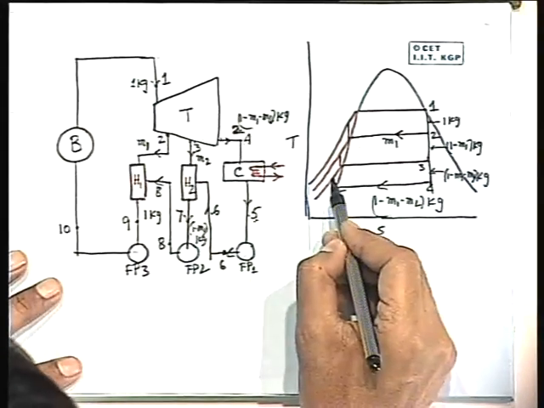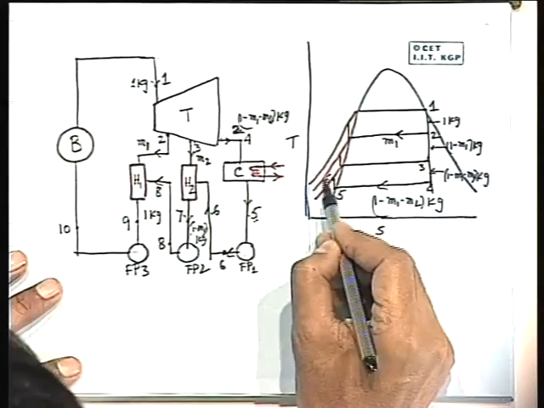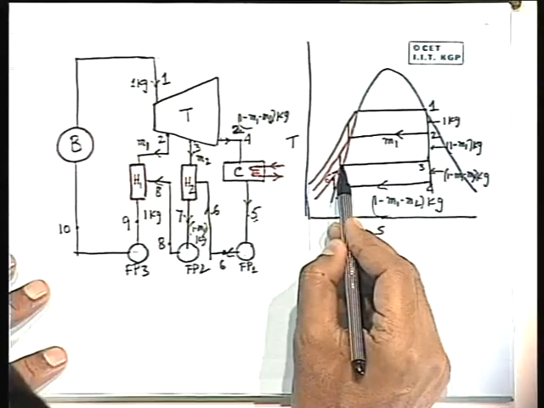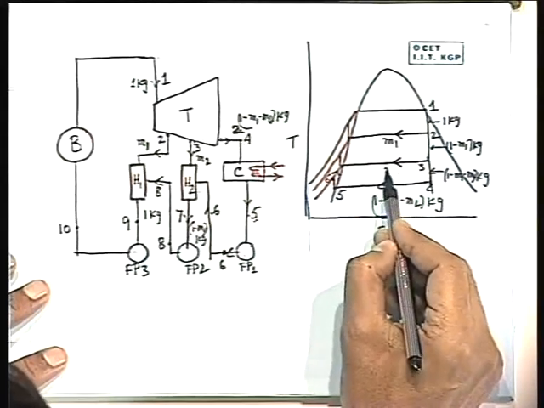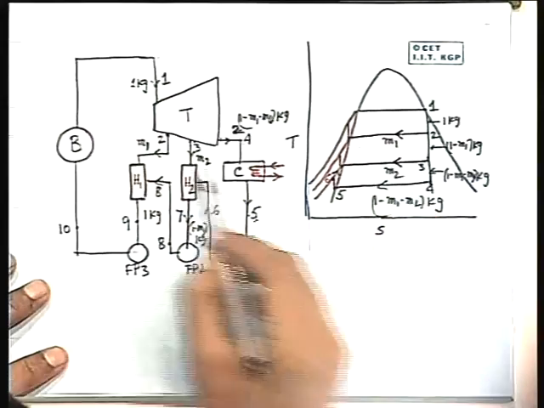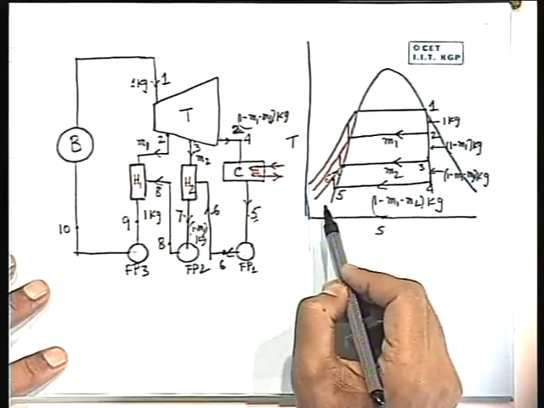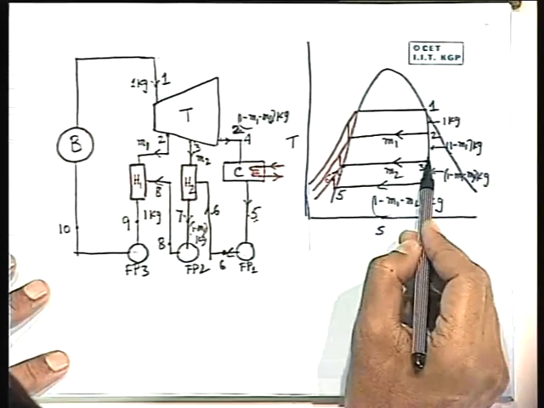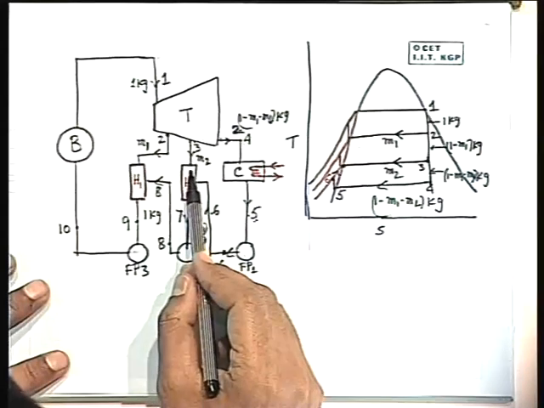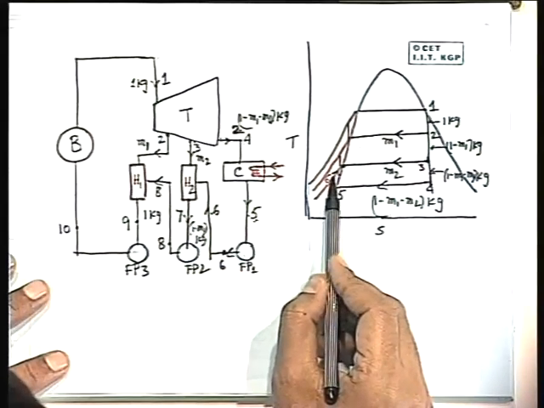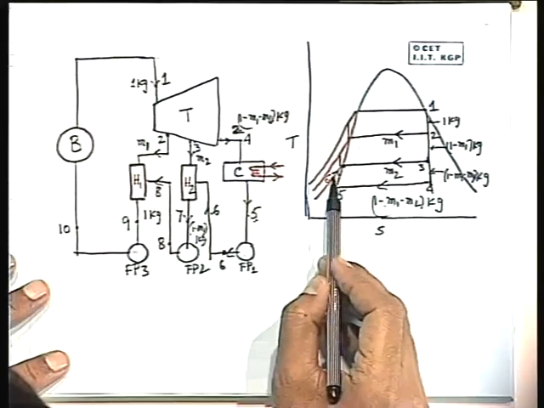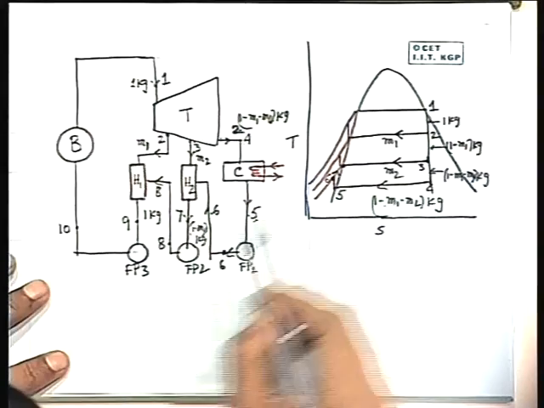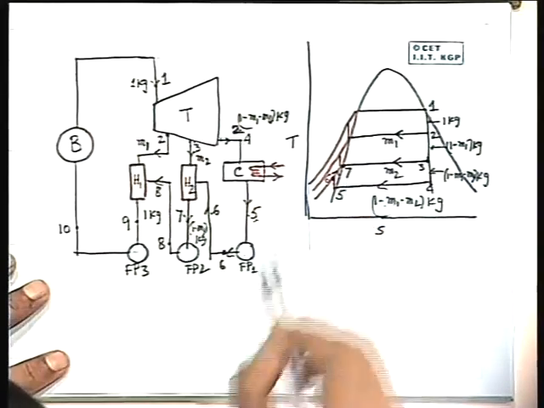Now 5 to 6, this point is 6. So what happens? This enters here at 6, that means this liquid is heated, whereas this M2 steam, which is bled at this pressure, is being condensed. You understand? The M2 amount of steam at this condition is the entry to this heater, whereas the mass 1 minus M1 minus M2 kg of water at condition 6 is the inlet to this heater. The outcome of this heater corresponds to point 7.